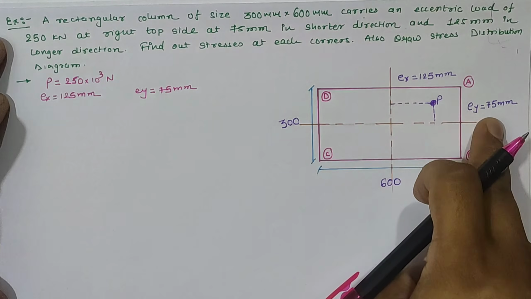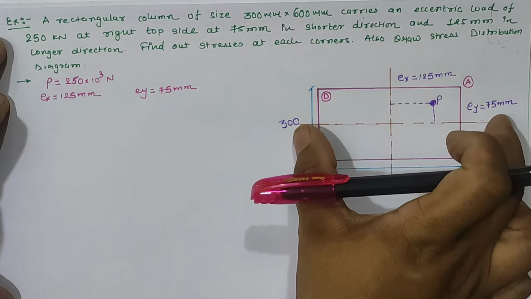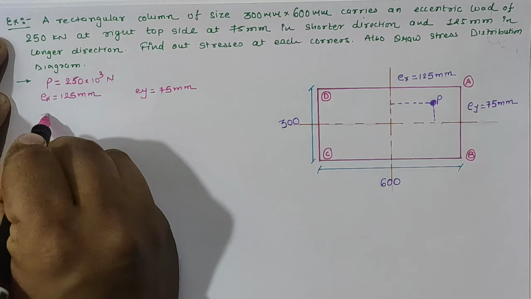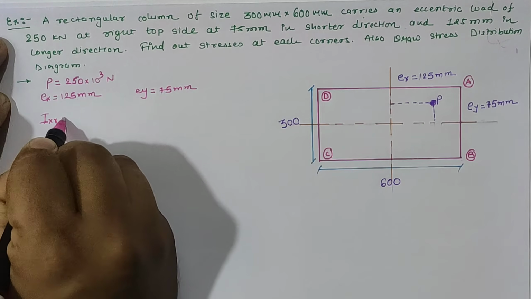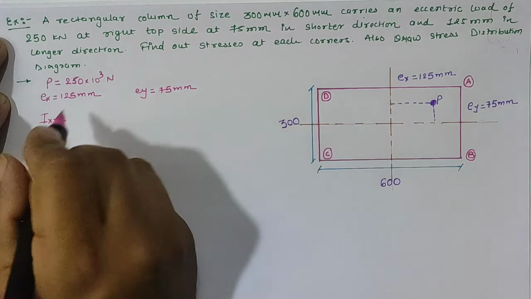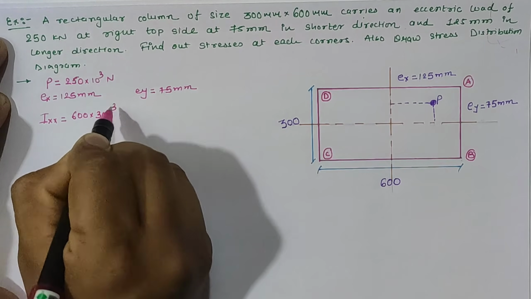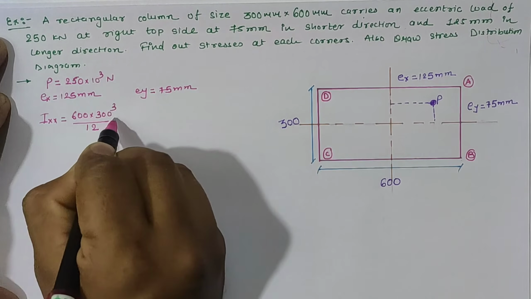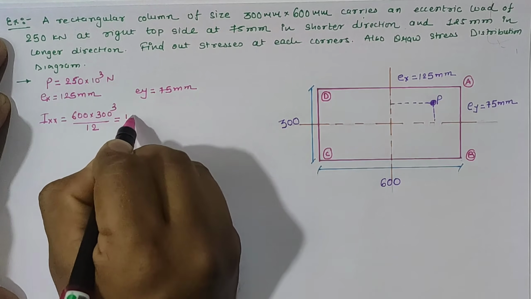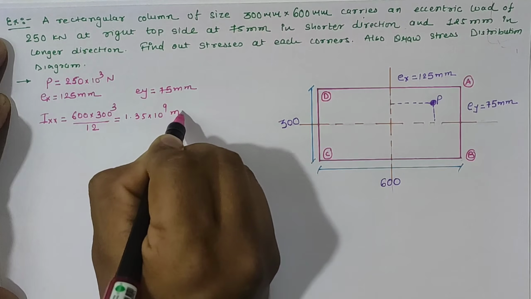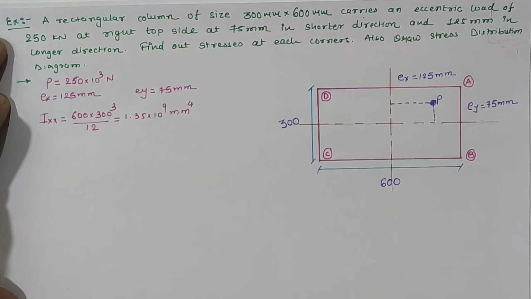Now for xx direction, our Ixx value is b d cube by 12. So Ixx is equal to b as 600, d cube as 300 cube by 12, which is equal to 1.35 into 10 raised to 9 in terms of mm raised to 4.